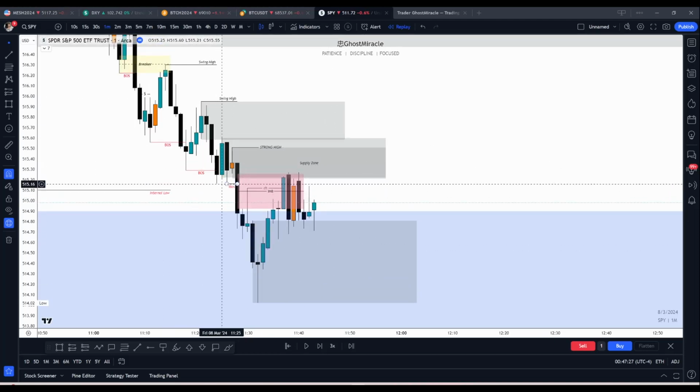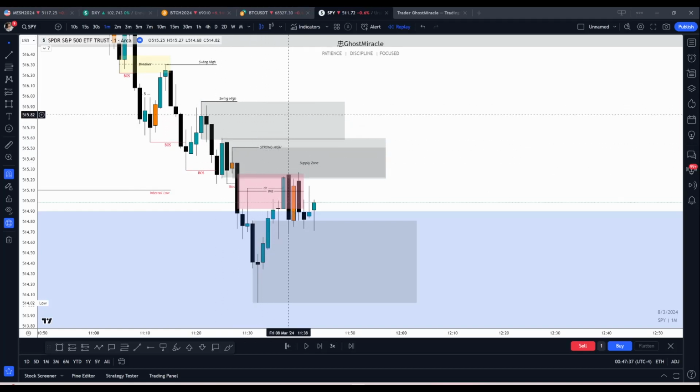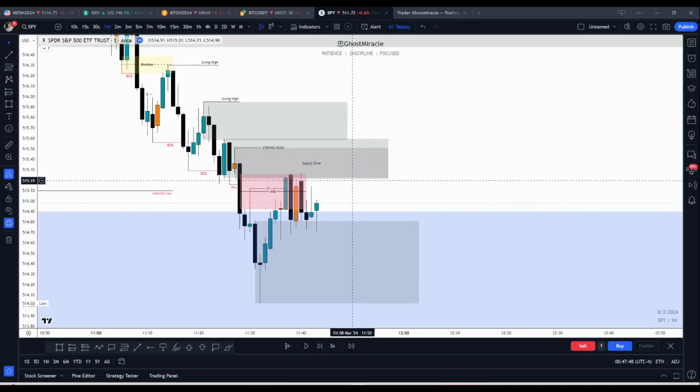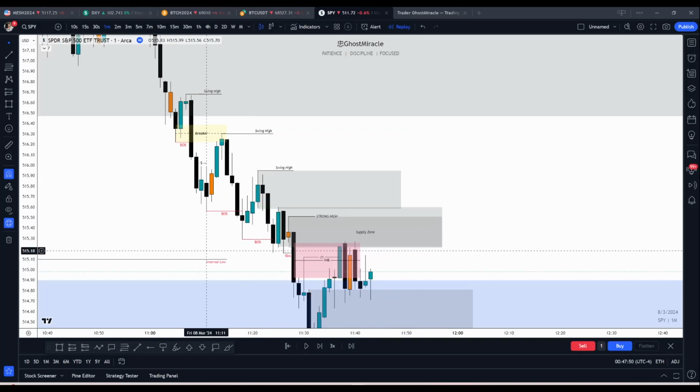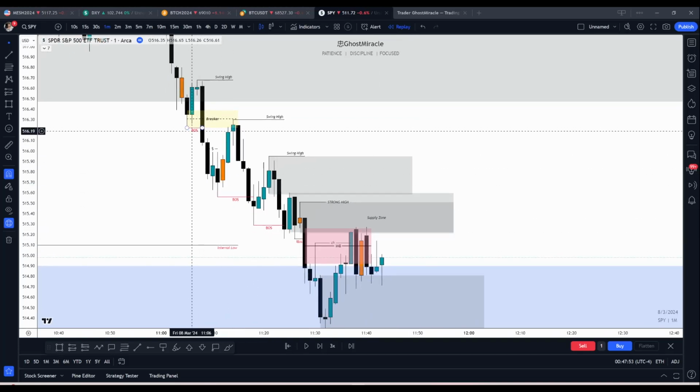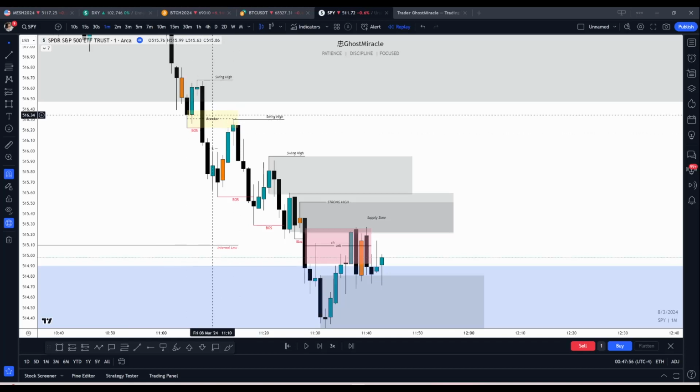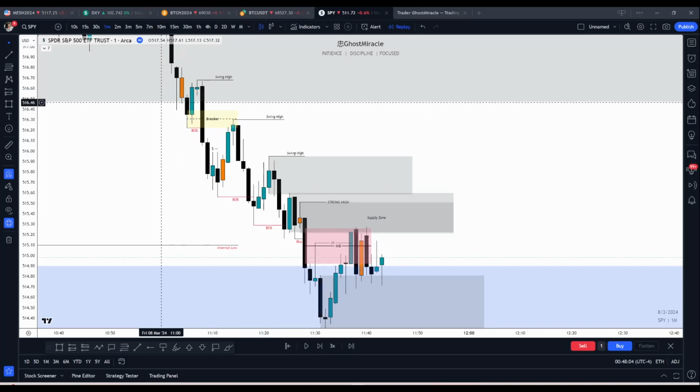So you already have a breaker structure, and then you had this minor pullback, internal breaker structure, but this overall supply mitigated this overall supply, which broke this overall low. So it's just kind of like continuation, mitigation, continuation, mitigation, continuation. That's why I was saying, after the first two tries, after you get an actual break, as opposed to it just stopping you out and then breaking the next high.